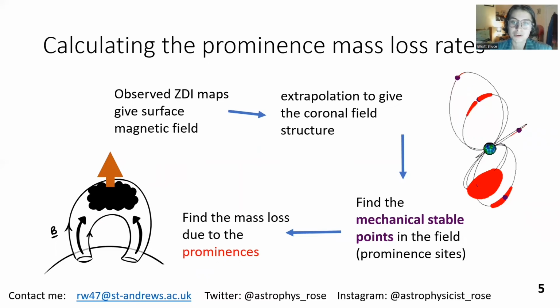The locations of the prominences are found by finding the mechanically stable points in this field structure. In the image I've shown on screen, that's the purple points. And then the mass loss rates from these prominences can be found by assuming that material is supplied to the stable point by a thermal wind.